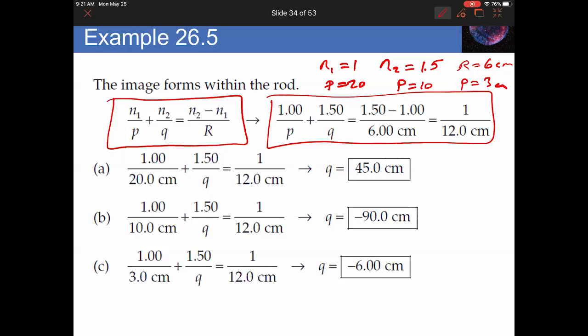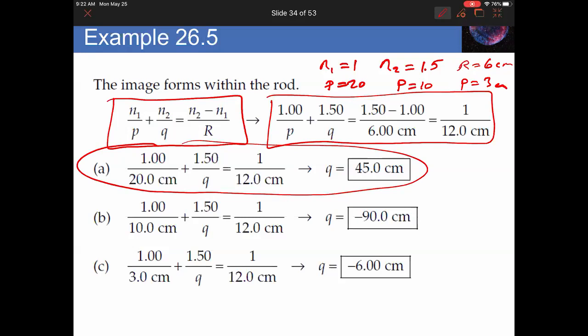Okay, and what we get here for part A, if you do the calculation, is Q equals 45. Q equals 45 means the image is formed on the same side as the outgoing light, so basically it's inside this medium, the rod.